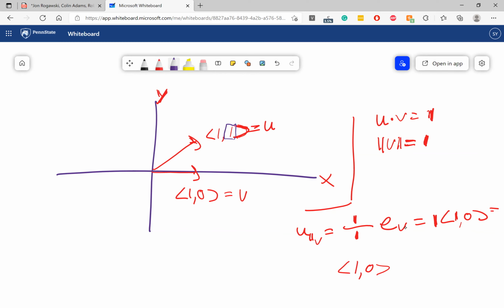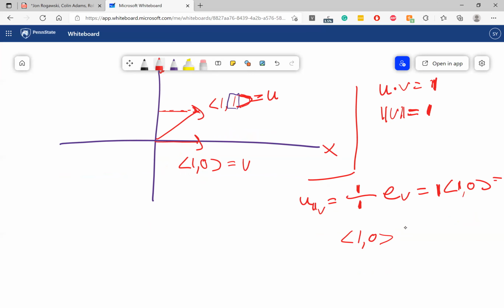So what's the orthogonal part of this projection? Well, that's the component such that if you add these two, you get back 1, 1. So what vector do we have such that if I take U projected onto V plus U with its orthogonal component, I get 1, 1? I'm trying to recover 1, 1.